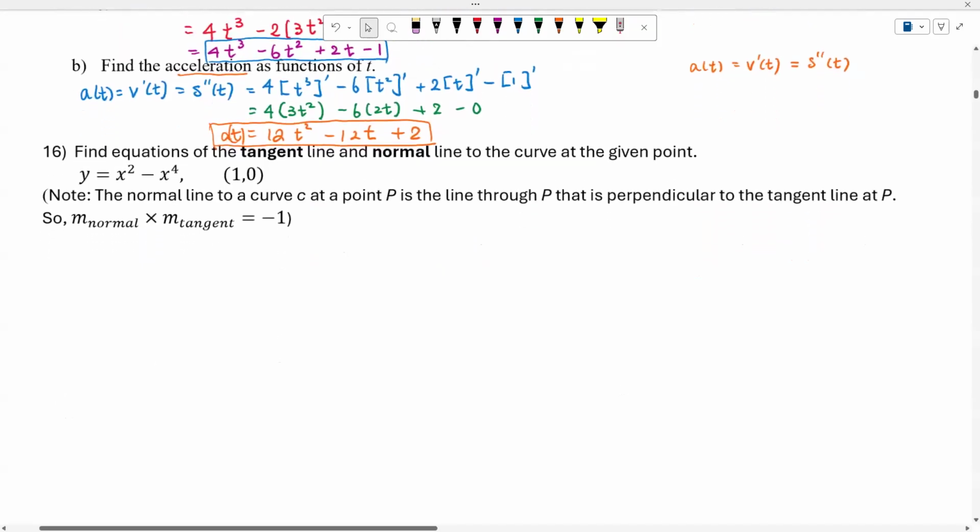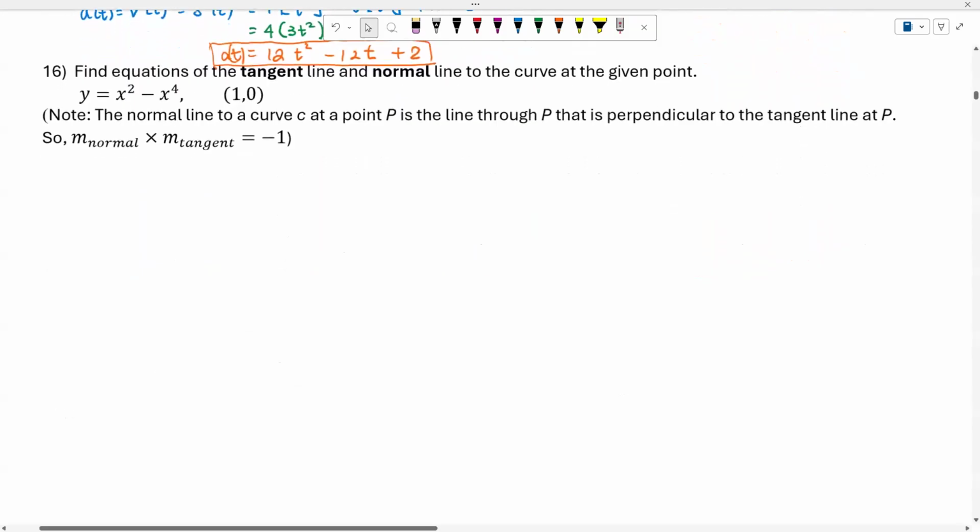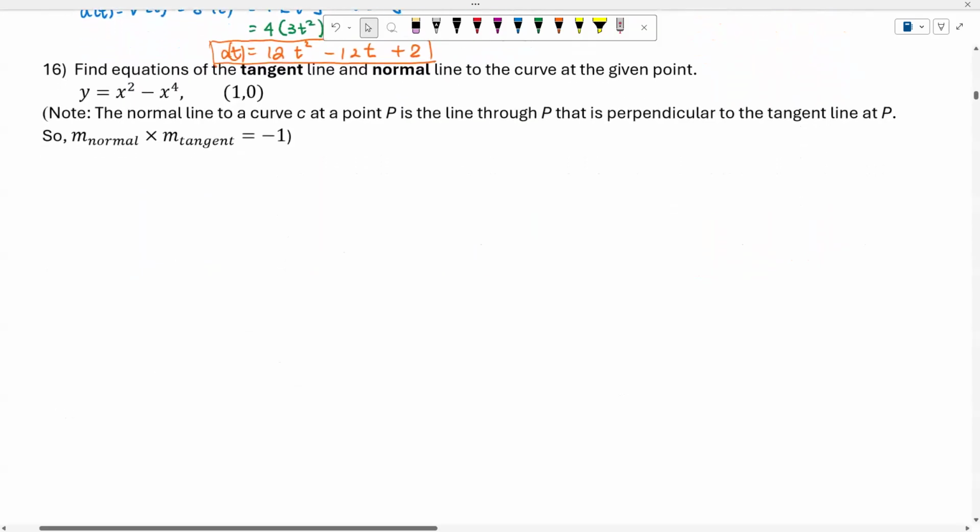Okay, so now let us work with another, more difficult problem. Right now, I would like to find the equation of the tangent line and the normal line to the curve at a given point.